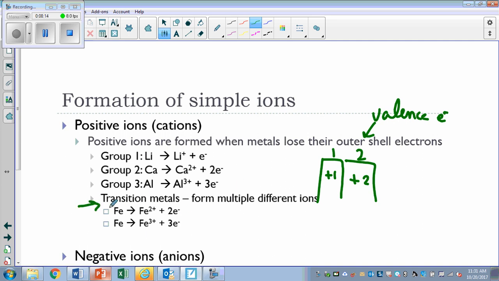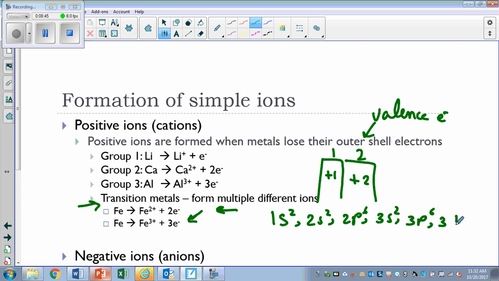Transition metals have multiple ions. They can lose 2 or they can lose 3. Sometimes it depends on which is the more stable state for them. Although it's very interesting, if you do the electronic configuration of iron, you will see that iron positive 2 has the electronic configuration of 1s2, 2s2, 2p6, 3s2, 3p6, and 3d6.